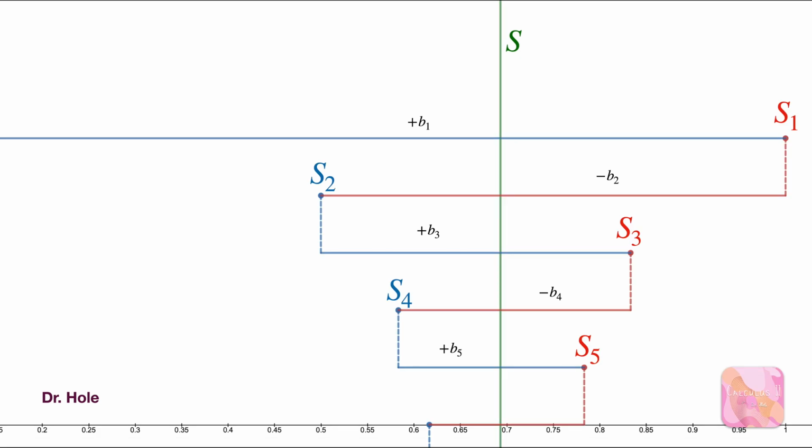Okay, so we have gone back to the original picture where the vertical green line is now just denoted as an arbitrary S, the first horizontal blue line is now indicated by just a B1, and the red horizontal line is indicated as negative B2.